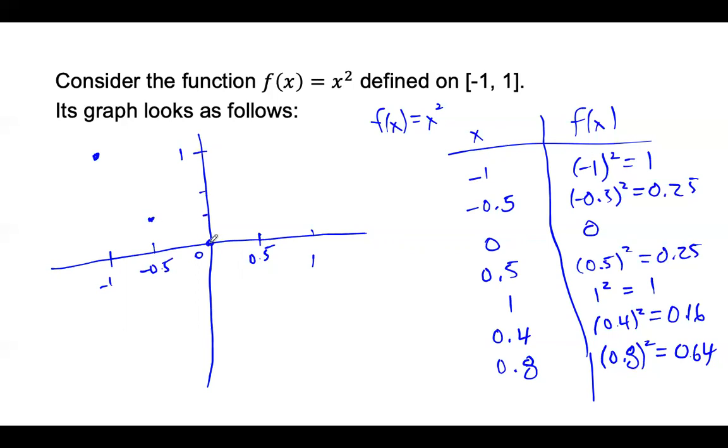At 0, we have 0. At 0.5, we have 0.25. At 1, we have 1. At 0.4, we have about 0.16, which is about here. And at 0.8, we have a point about here.